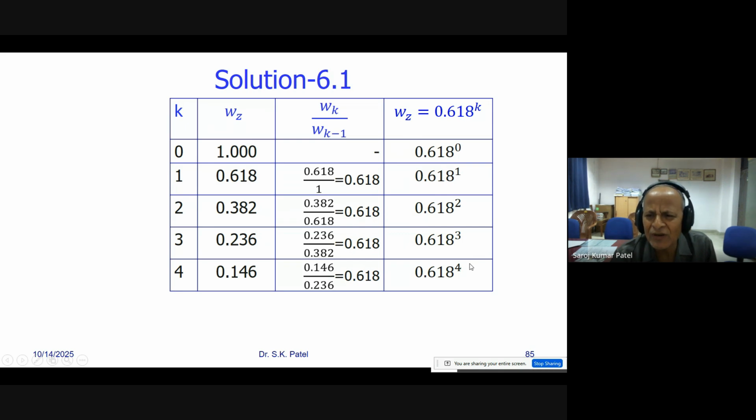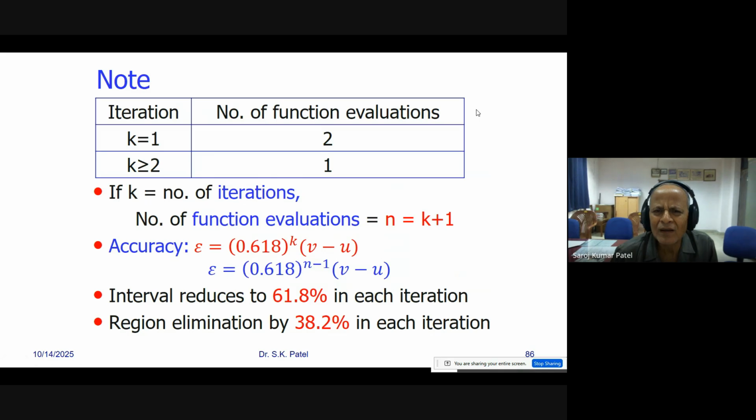So in general, we can write the width of the interval for Z as 0.618 to the power k.